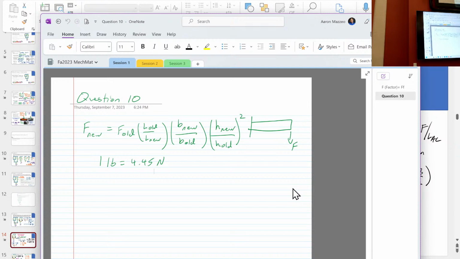That's what's in here. F is equal to R1 plus R2. That's not what we have here. Okay. Other questions? Questions?